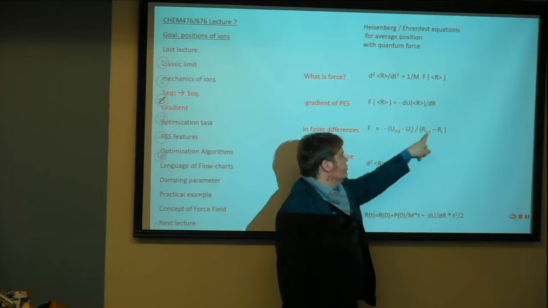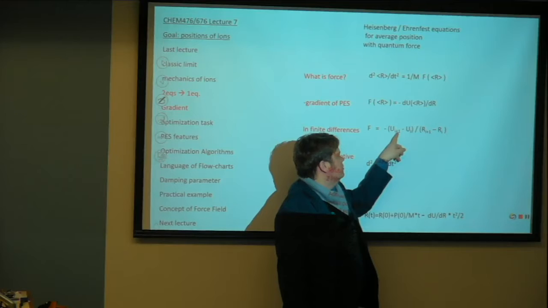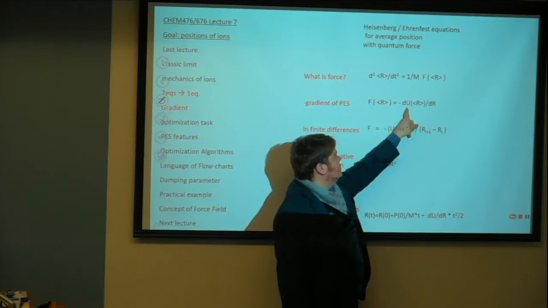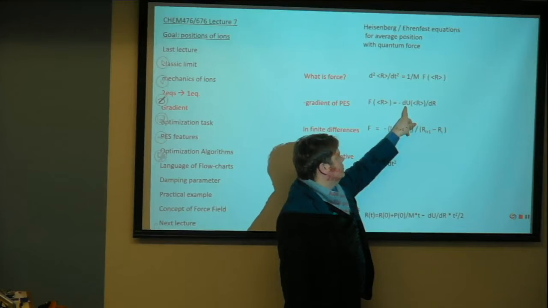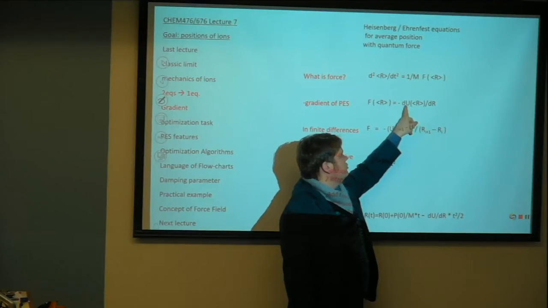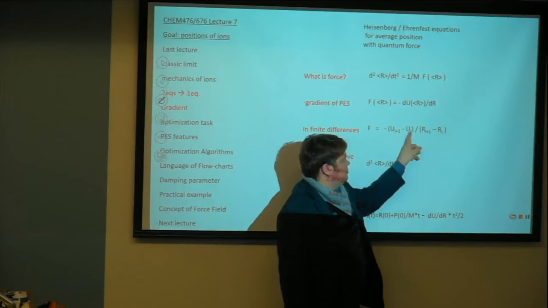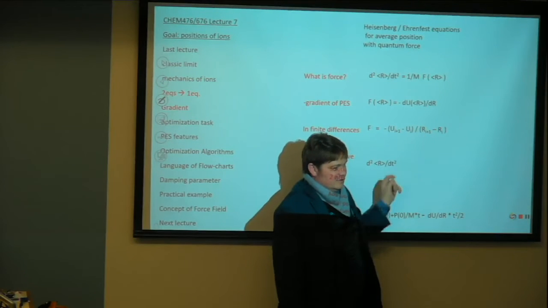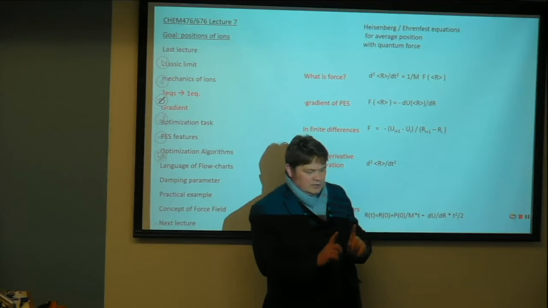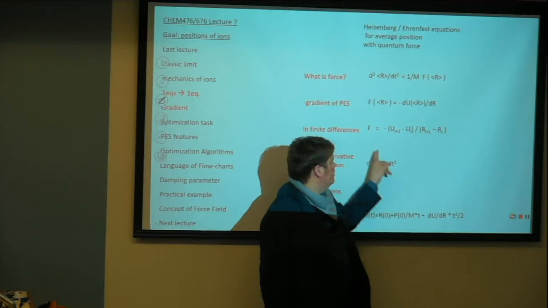At step i plus 1, it is U of i plus 1. Then this ratio of increments will be expressed in finite differences, right? So as soon as we have one step, we can find the force.